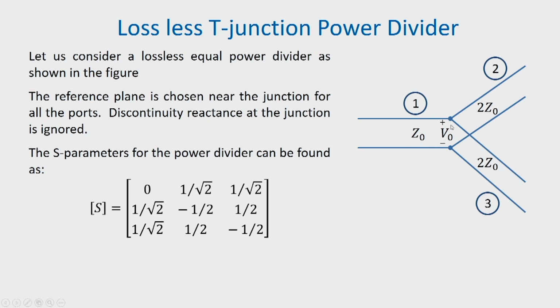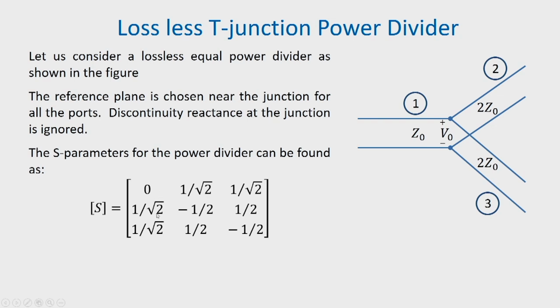If we substitute those values, we will get a reflection coefficient of -half in ports 2 and 3. This is a lossless junction, and you can see that power balance is there.